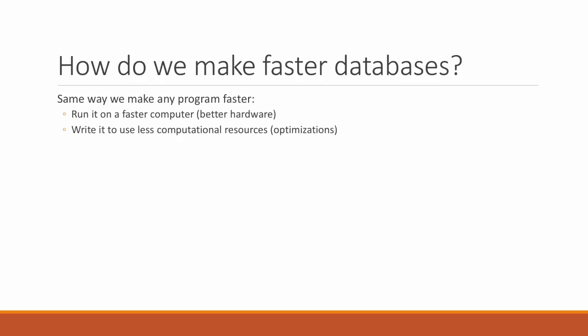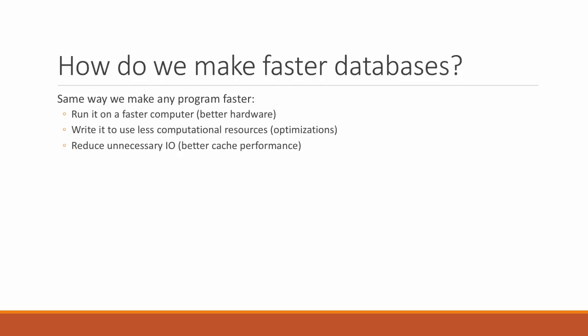Another thing is to use less computational resources. Optimize the code as much as you can, and optimize your queries so that it has to do the least amount of work necessary to fulfill the most common types of queries. Another thing is to reduce unnecessary I/O and get better cache performance, keeping as much of the database in memory, or in a cache closer to the processor, as possible.